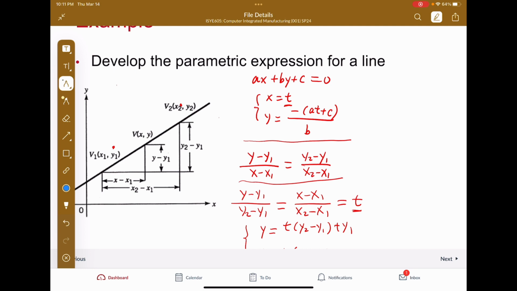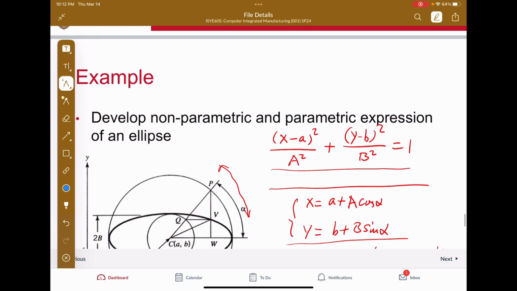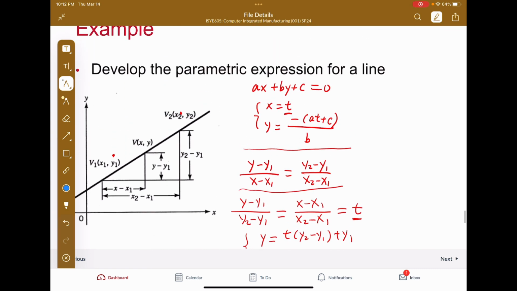First is a line, the second is an ellipse. Okay, so for the first one, we have an equation expression for the line, which is this one, right? And we just make x equal to t.